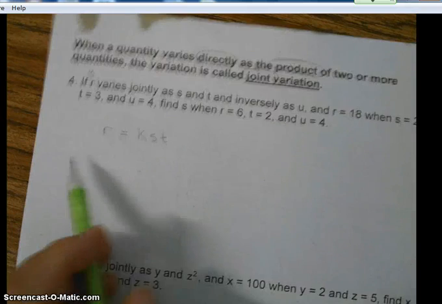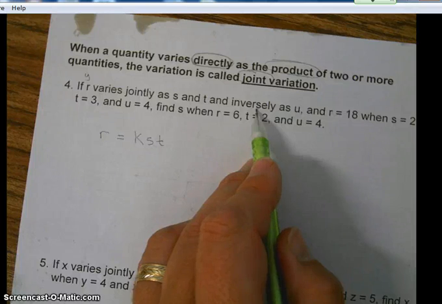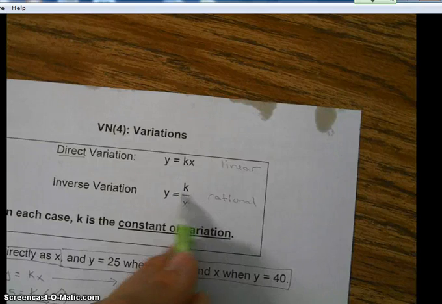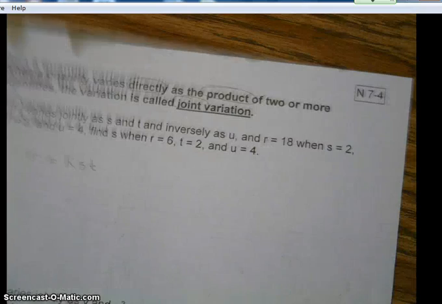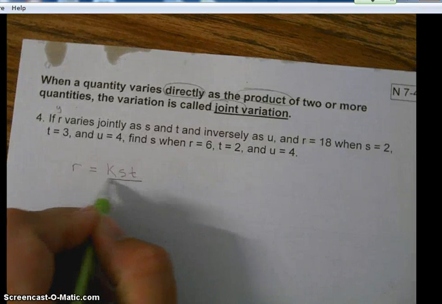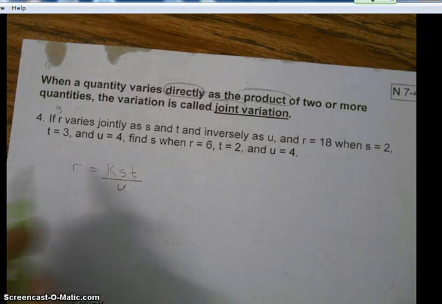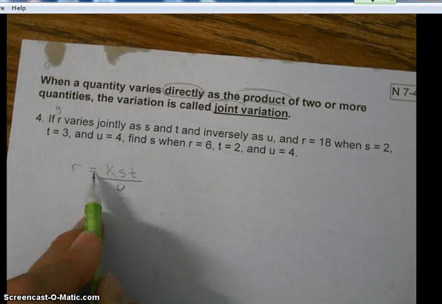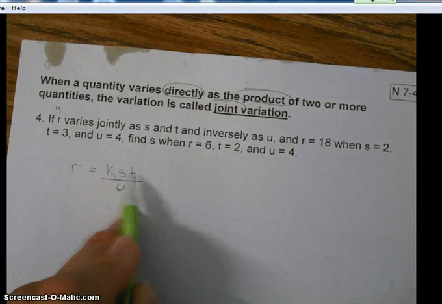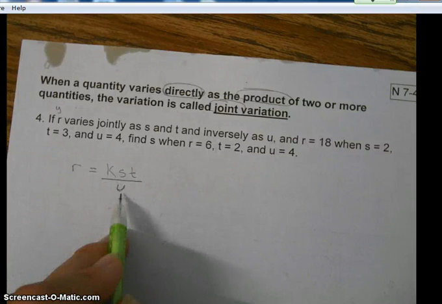Okay, now it continues. It says and inversely, and remember inversely, that's where you have your divide. So we need a division as u. So r varies jointly, so constant of variation as s and t, and inversely as u.